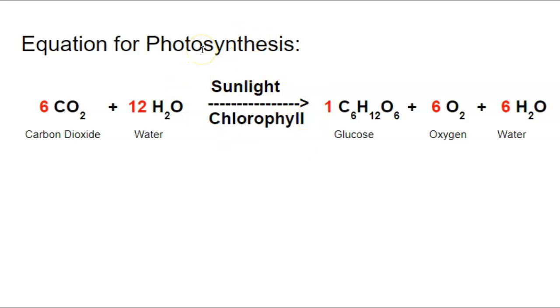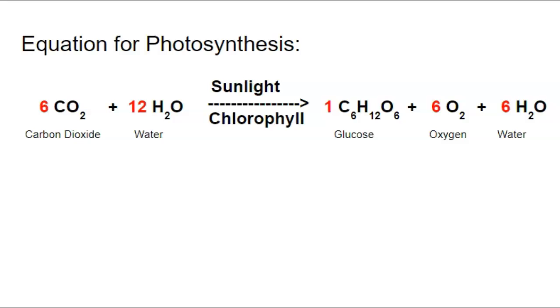We use sunlight, that's where our energy is, in chlorophyll, that is the cell part. Chlorophyll is inside of the chloroplast, makes the plant green. We end up making one sugar molecule, glucose. We make 6 oxygens and 6 waters.